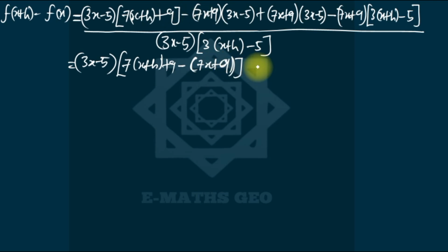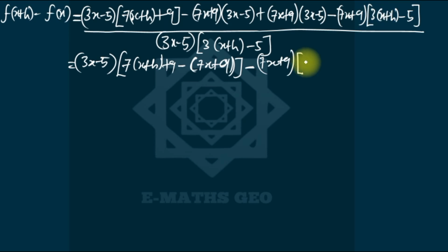Again, we factor minus f of x, which is 7x plus 9. So we are left with this minus. So this one will be positive.